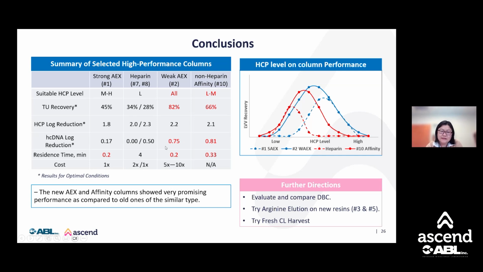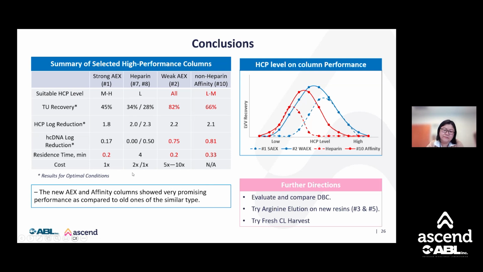The weak AEX is the best performer, but it's more expensive. Look at the cost. The non-heparin affinity resin, number 10, is the second best performer, but it hasn't been commercialized, so the price is unknown. Strong AEX, number 1, is much less expensive, but doesn't remove much of the whole cell DNA.